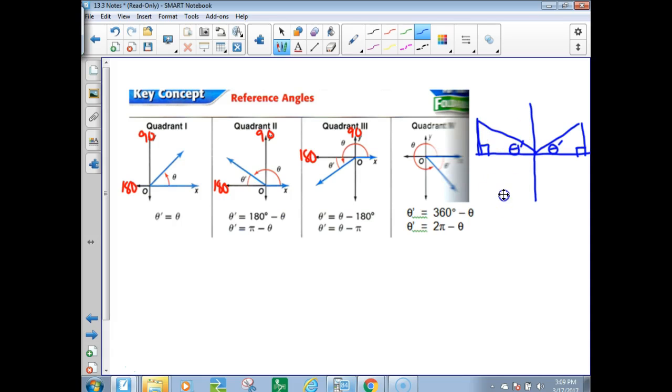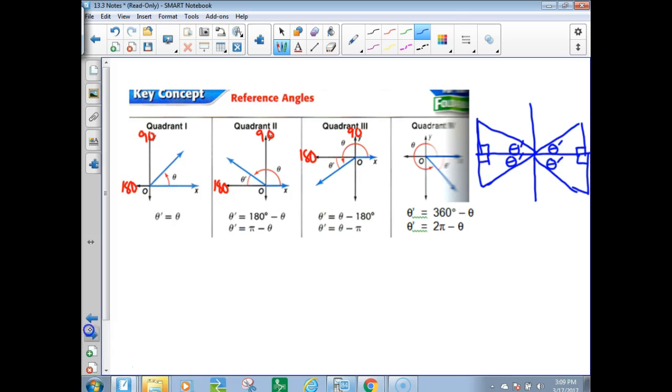It's always by the origin. And if you go into quadrant 3 with your theta, your reference angle again is by the origin. And quadrant 4, these are where your reference angles are, and it looks like some kind of neat looking little bow tie pattern on it.